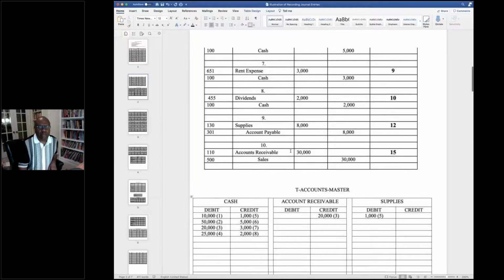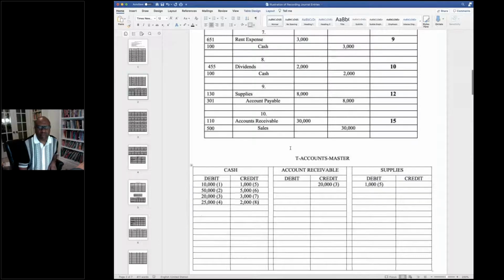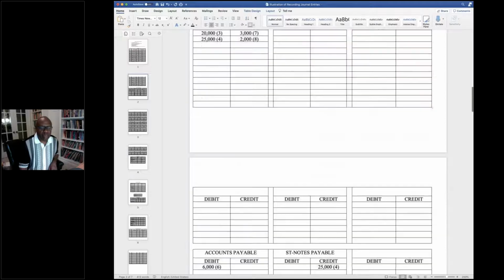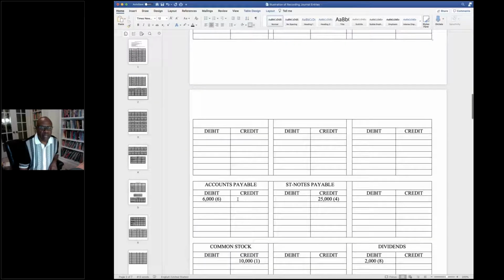And so we bought $8,000 worth of supplies. So we're going to come to the supplies account and debit it for $8,000. And we're going to go to accounts payable and put in the $9,000 credit.